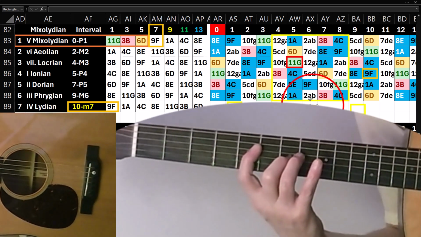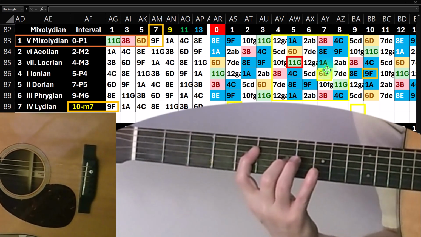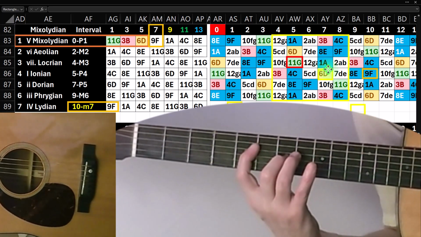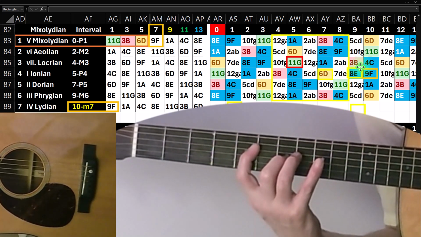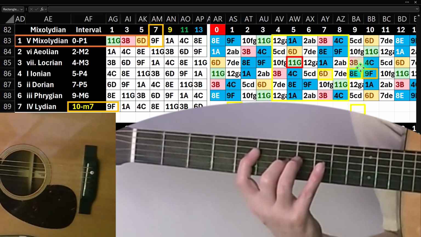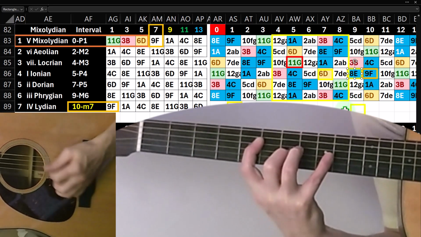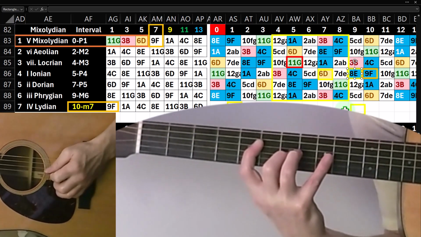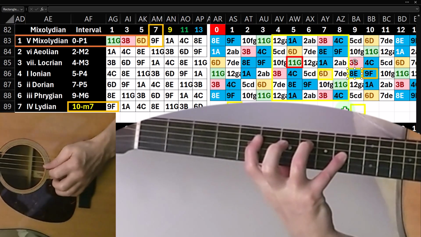I usually play it with my middle finger over here if I'm stretching out to my normal shuffle pattern, which would be that E, the 6. But then you can add the 7, which is a pretty long reach.